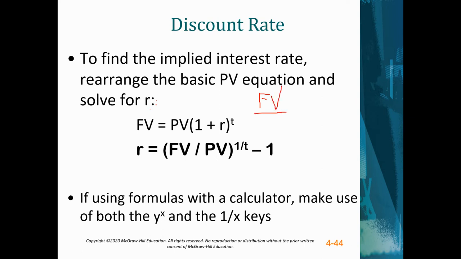Future value over present value equals 1 plus R to the T. And then, once I have that formula, I have to take the exponent to cancel this T out and bring it to the other side. Basically, take the exponent 1 over T on both sides.